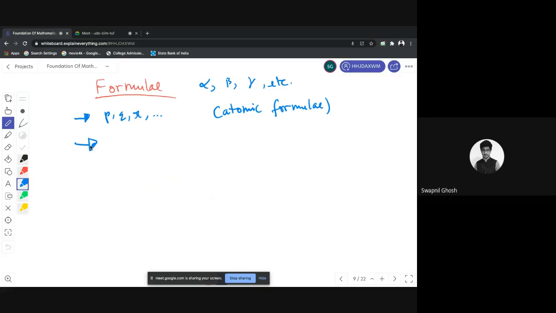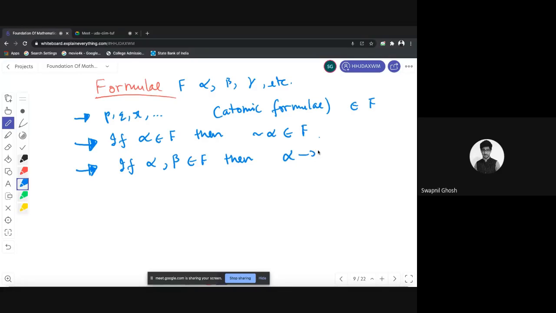Let us call the set of formulae F, and let's define all of them to be elements of F. Now if alpha is an element of F, then not alpha is also an element of F. And if alpha and beta are elements of F, then alpha implies beta is an element of F. Last is nothing else.